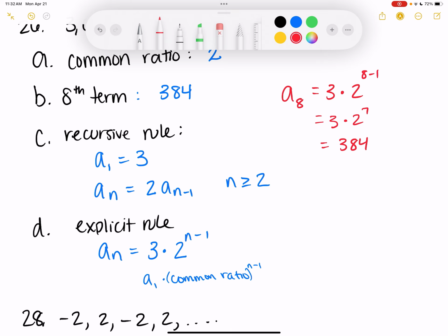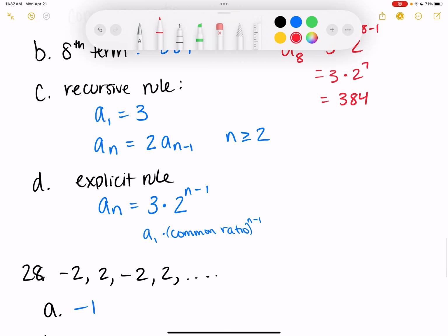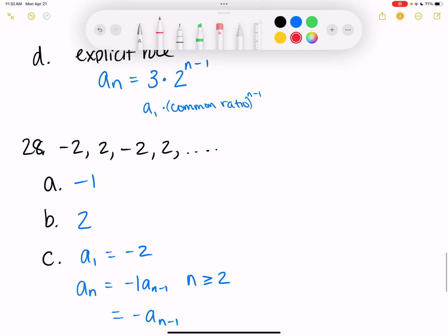So anyways, that's really all for this section. The only thing that I would say to also keep in mind that I don't really think our book has, let me look and see if I'm missing it anywhere.